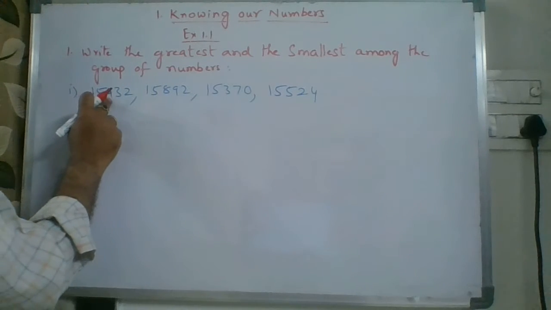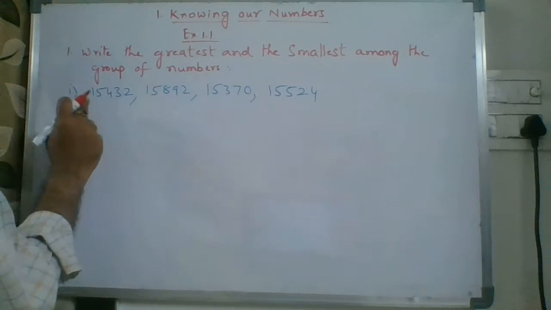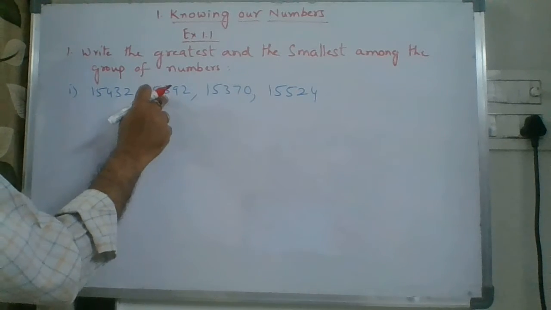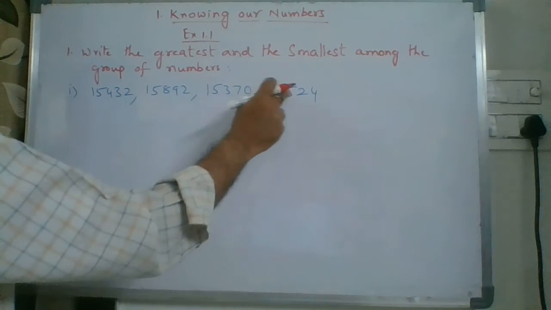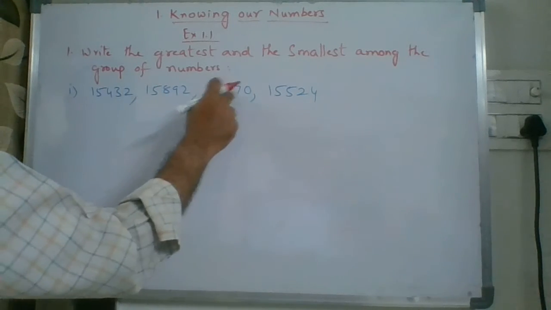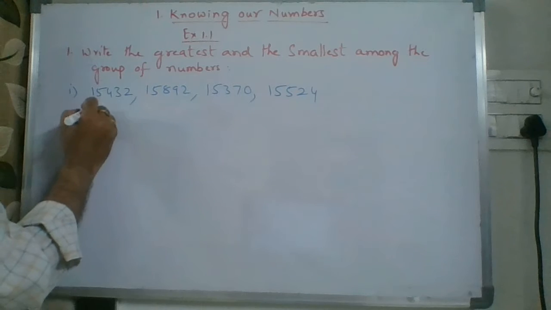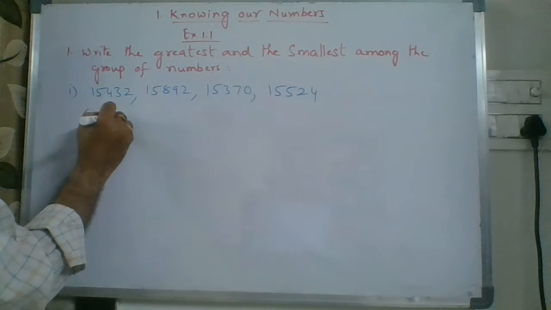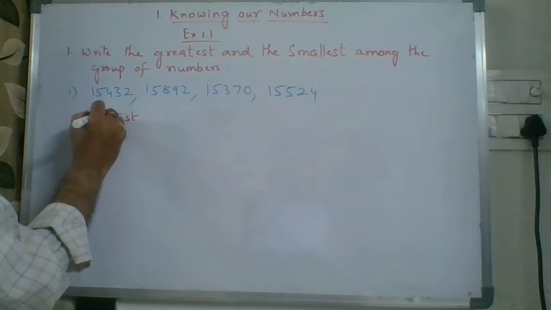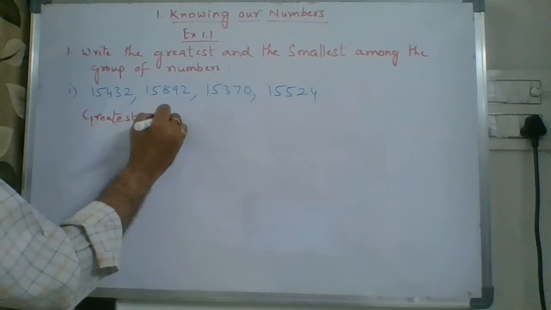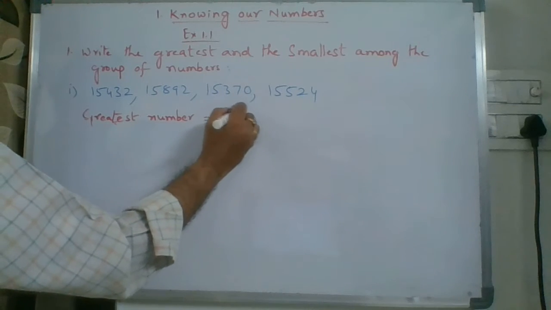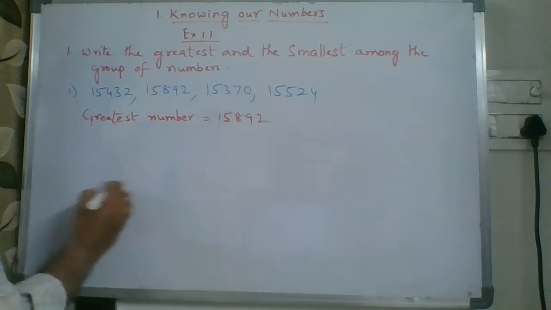Now we have to compare the hundreds place in each number. In this number it is 4, this is 8, 3 and 5. So here 8 is bigger than 4, 3, 5. So that is the greatest number of the given numbers, 15,892.